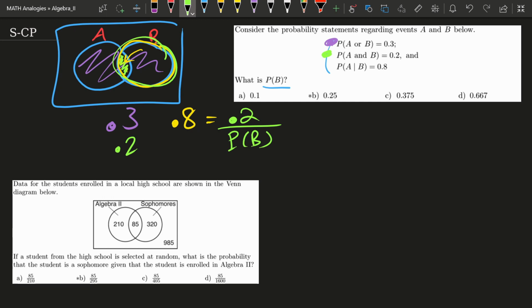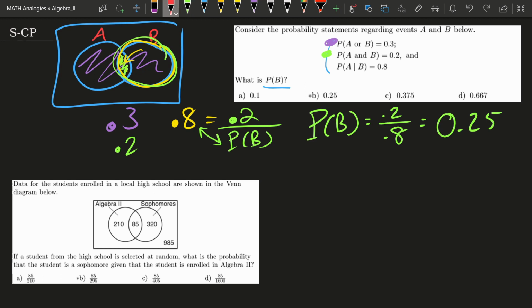And so what we can find by doing a little switcheroo, or multiplication and division, the probability of B is 0.2 divided by 0.8. And this turns out to be 0.25. In other words, we could do a little cancel and get a 1 out of 4, if we want to do it that way, making it choice B.